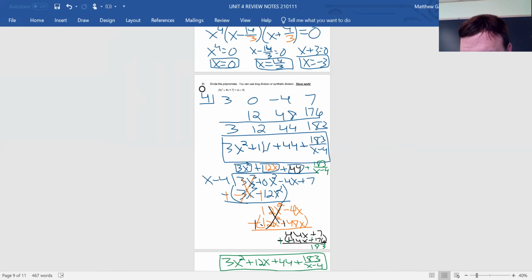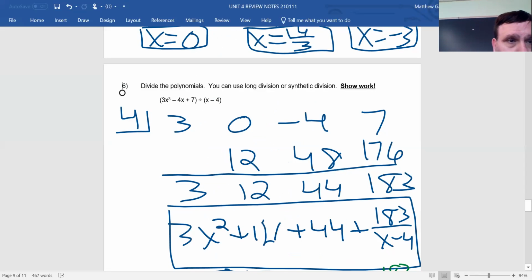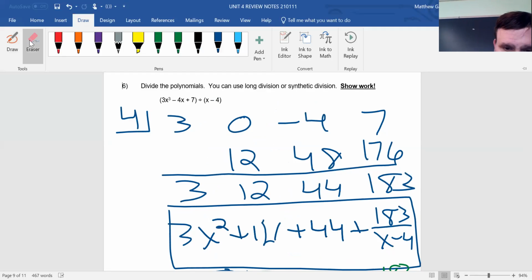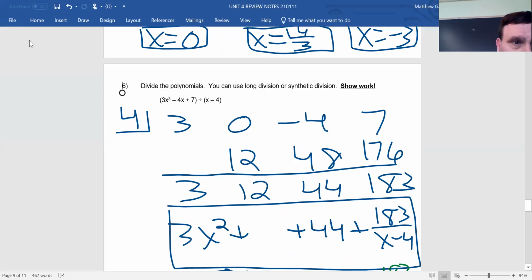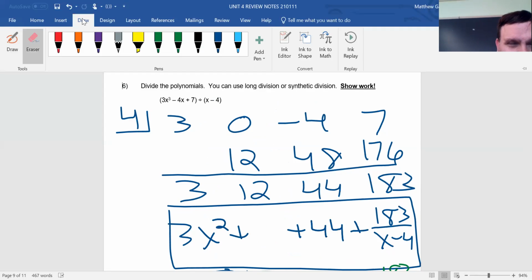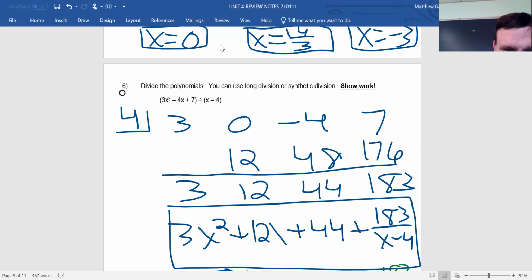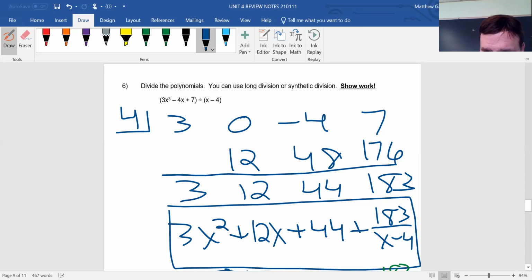Hold on here. One of these people, I could drive you nuts. I apologize. You're just going to learn to laugh this stuff off. So plus 12x plus 44. The remainder is 183. So I'm actually going to show you how to check your remainder today, something we skipped over this year in the curriculum, called the remainder theorem.